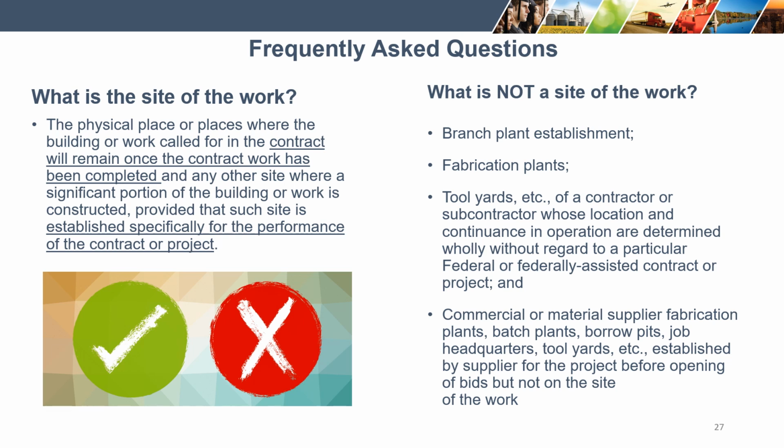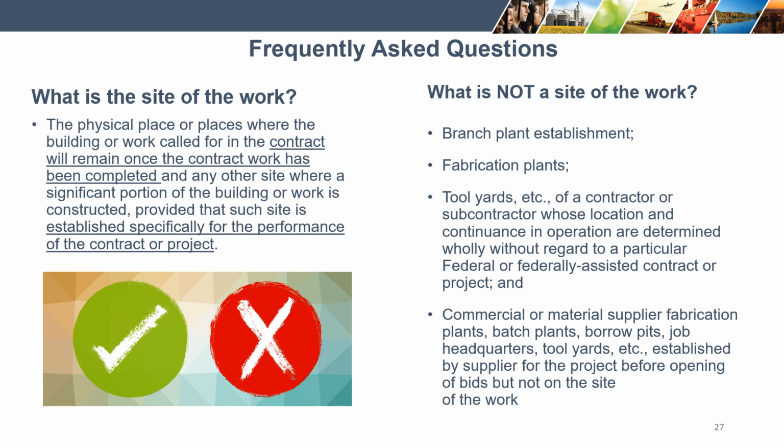What is not a site of the work? A branch plant establishment, fabrication plants, tool yards of a contractor or subcontractor whose location and continuance in operation are determined wholly without regard to a particular federal or federally assisted contract or project.